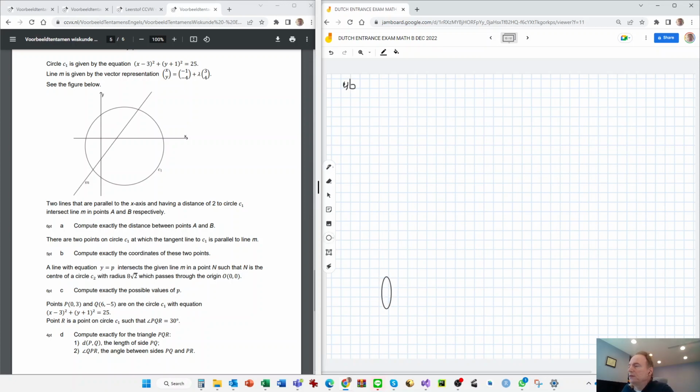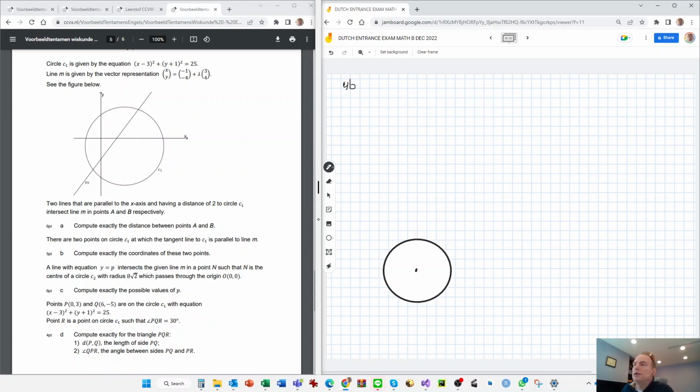Let's draw the circle again. Okay, the center is here.